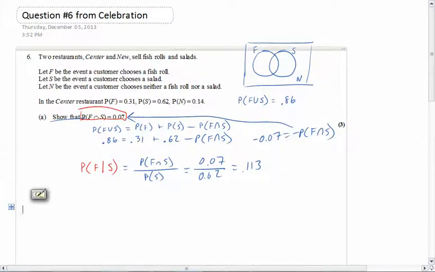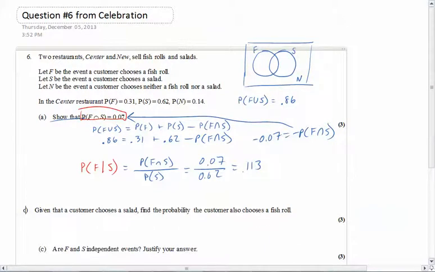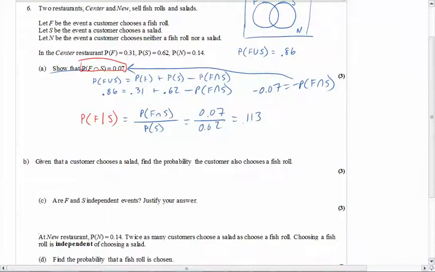Now, what we're going to do is let's go ahead and look at part C. All right. So, part C, are F and S independent events? Well, there's several ways to go about this. The easiest one is to say, well, if the probability of getting fish if you get a salad is 0.113, and the probability of getting fish is 0.31, then no, they're not independent.